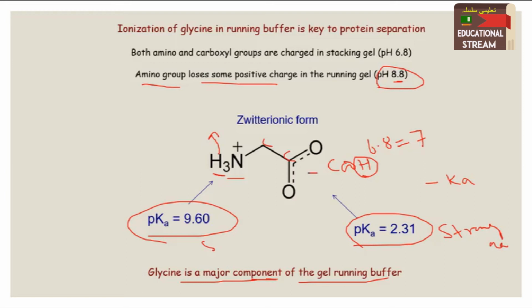And because of the glycine property having both acidic and basic properties, at the pH 6.8, which is approximately neutral pH, it has zero charge, because this positive charge will get cancelled by this negative charge, and at the pH 8.8 it will lose the proton. It has also lost its extra proton, and so it is losing the positive charge from here.